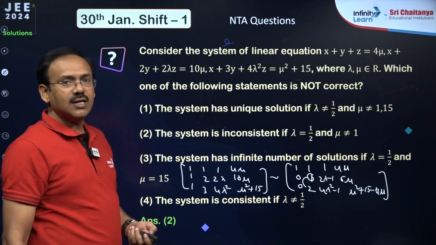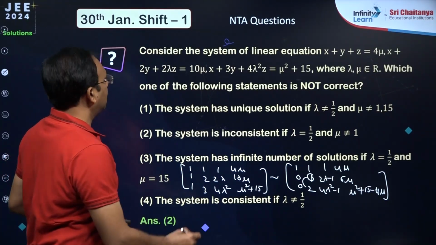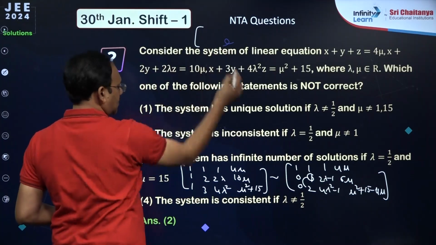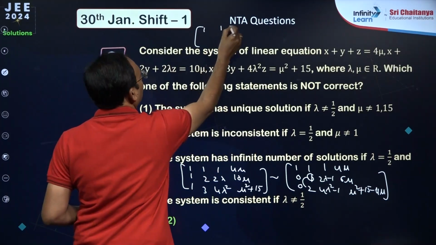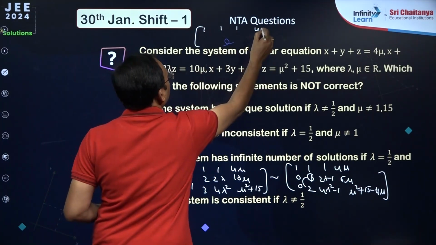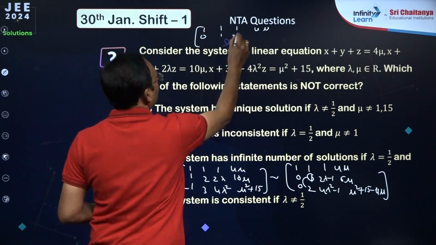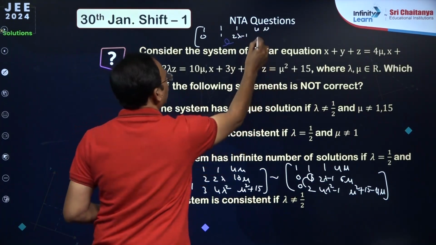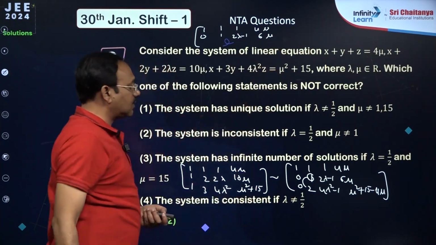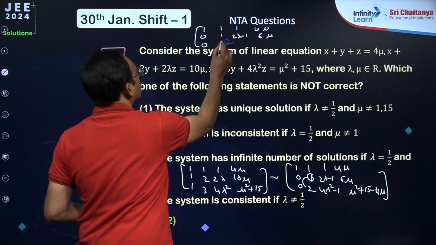So, dear students, here you can just write, my dear friends, the first row is 1, 1, 1, 4 mu. Second is going to be 0, 1, 2 lambda minus 1, and this is going to be 6 mu. And the third one becomes 0, 0 here.